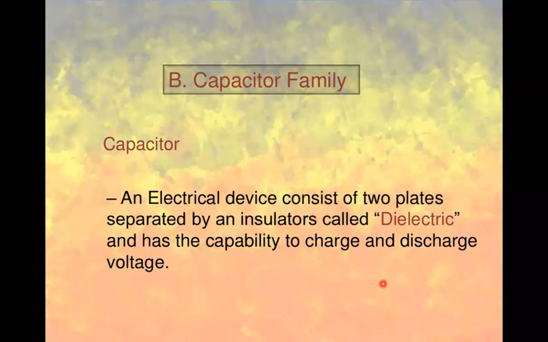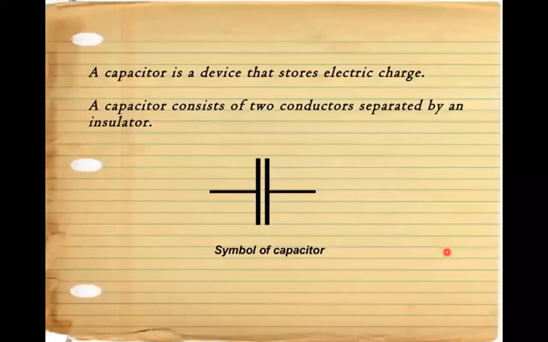How will you define a capacitor? An ability to store electrical energy can be called a capacitor, isn't it? And the medium between the two plates of the capacitor is called the dielectric medium. So a capacitor is a device that stores an electrical charge. A capacitor consists of two conductors separated by an insulator.